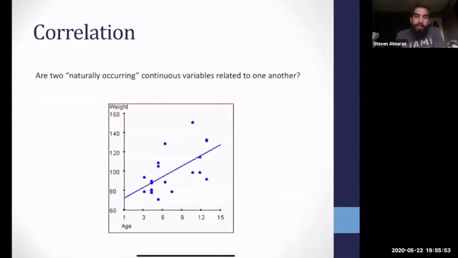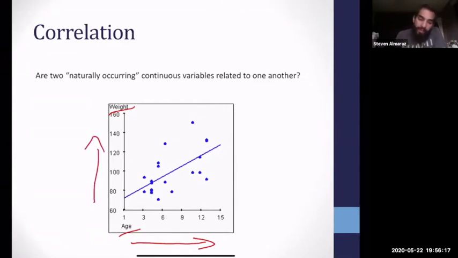All right. Now in correlation, we test two naturally occurring variables. In this case, we have age and weight, and we want to know if they're related to each other. Age and weight happen to have a positive correlation, which means as you go older, you also tend to get heavier, all right?